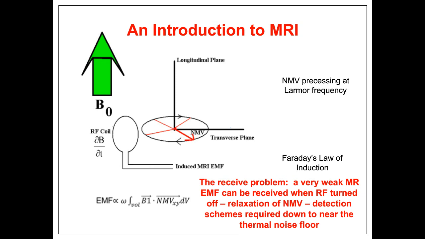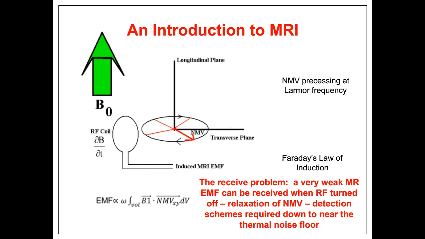Now, one of the problems with this, and this is where MRI is similar to the radar problem, is that you have a strong transmit pulse and a very weak receive pulse, so you obviously can't pick that up at the same frequency while the transmitter's on.